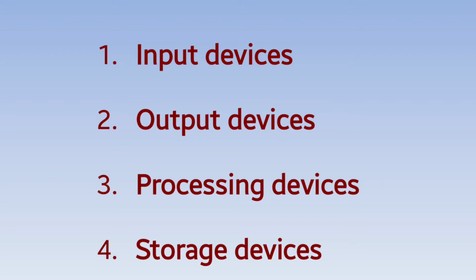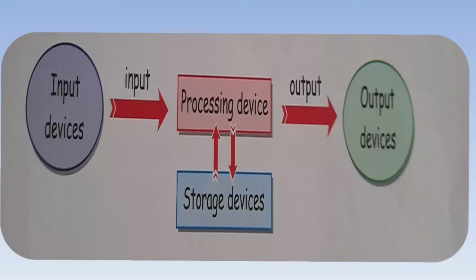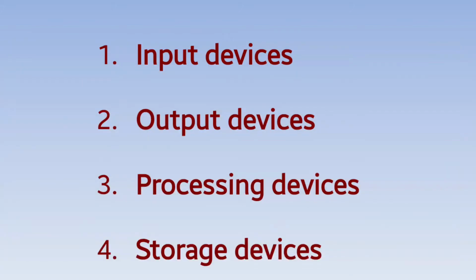Second one is output device. Third one is processing device. And fourth one is storage device.